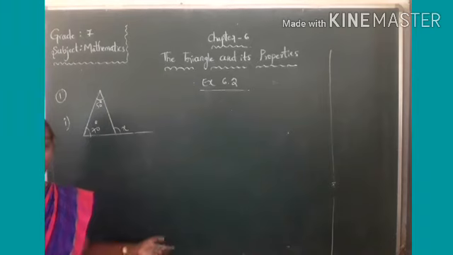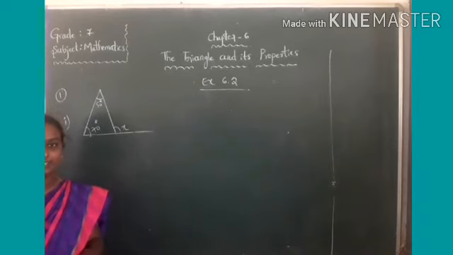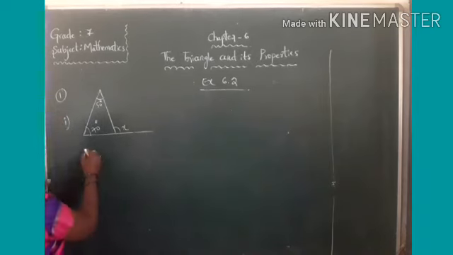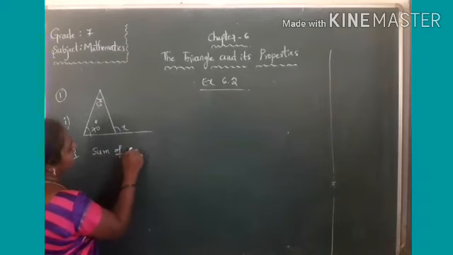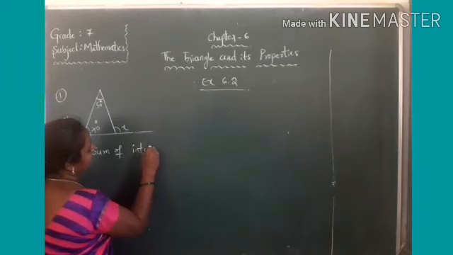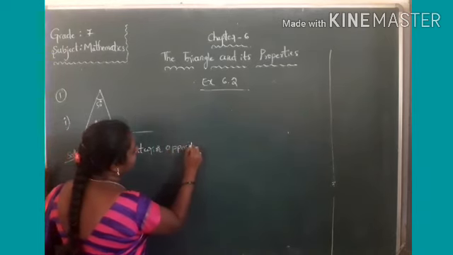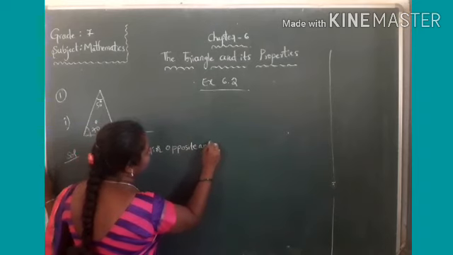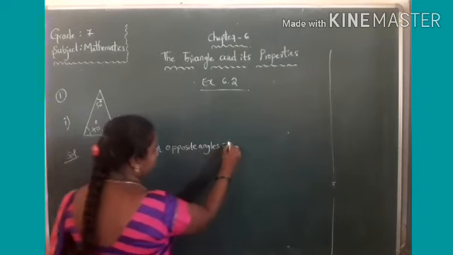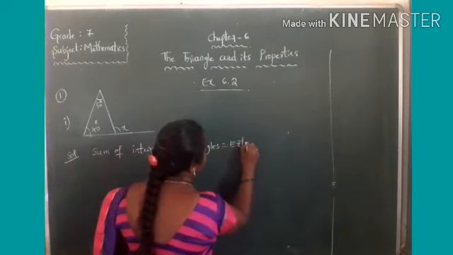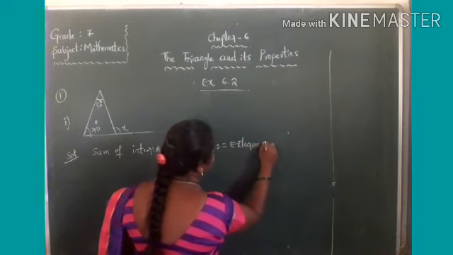We know the property of a triangle: the sum of two interior opposite angles is equal to the exterior angle.